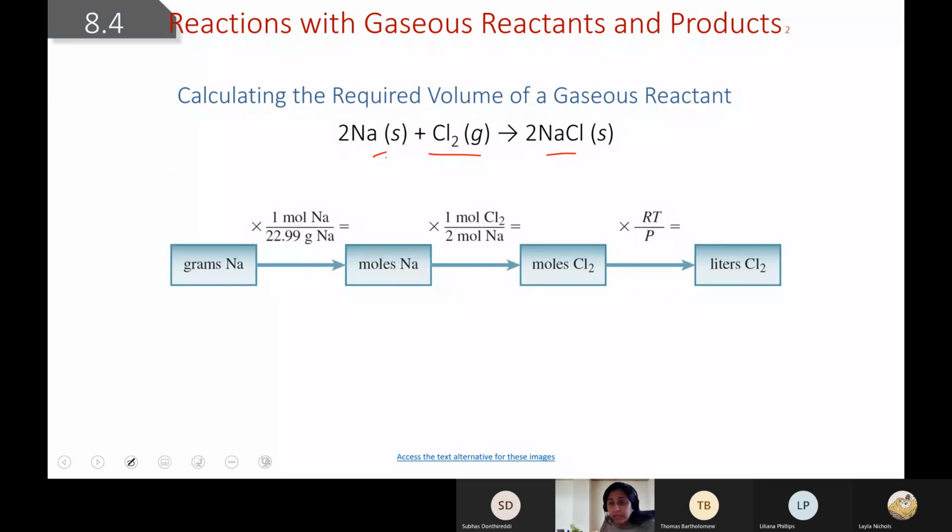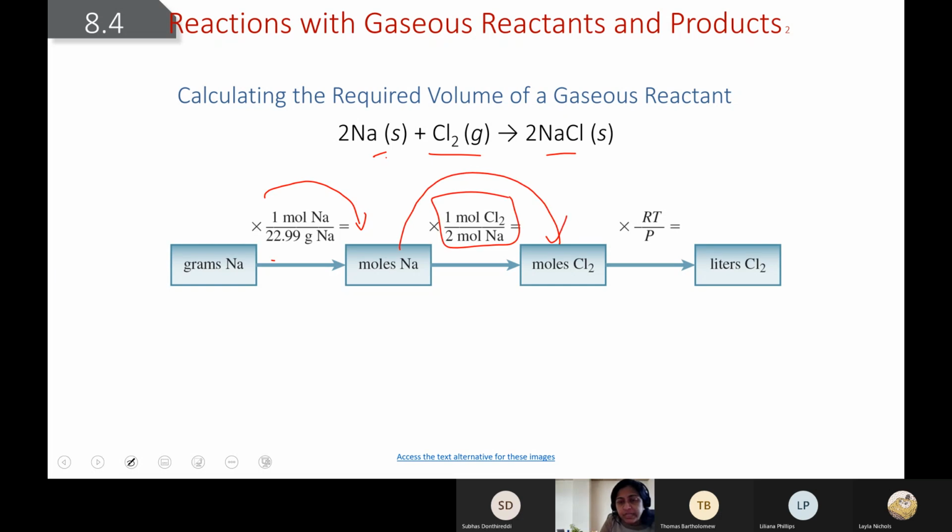But look at a condition like this. Now, two of these components are in solid form and one component is a gas. How can we solve it? Yes, we can start with grams of sodium. Then we change it to moles of sodium. Using the balanced chemical equation, we can get the moles of Cl2.